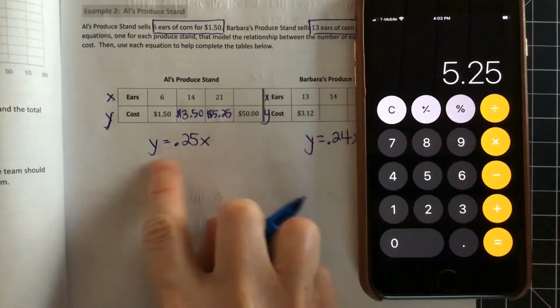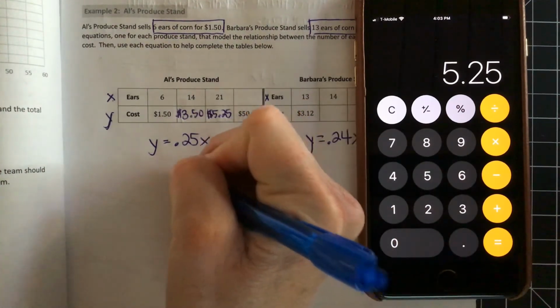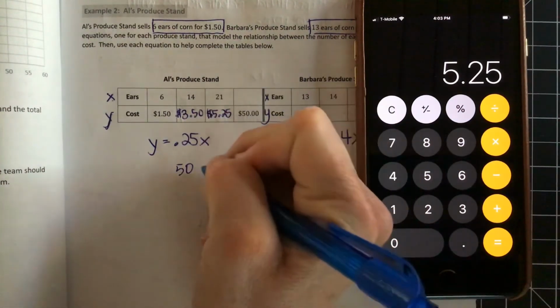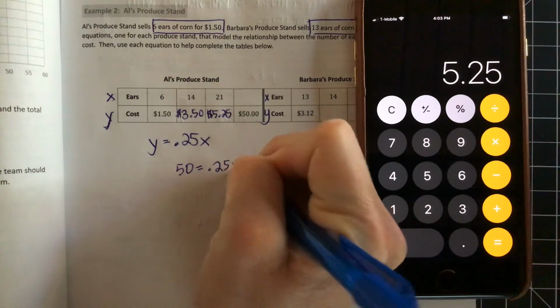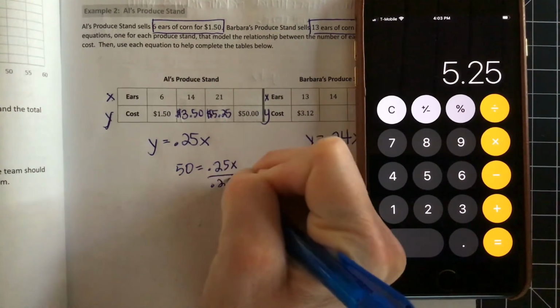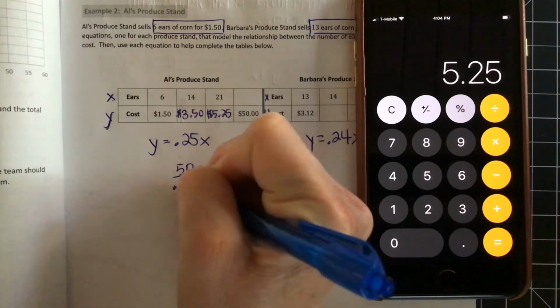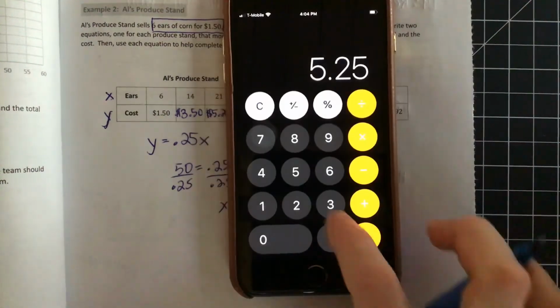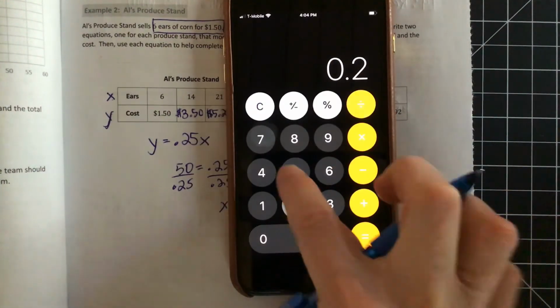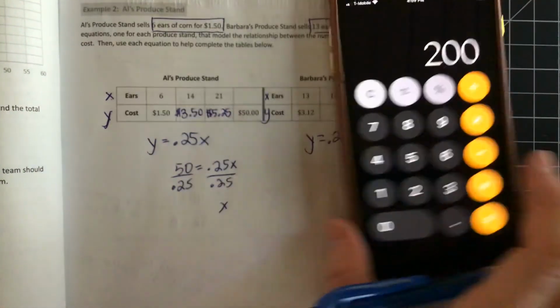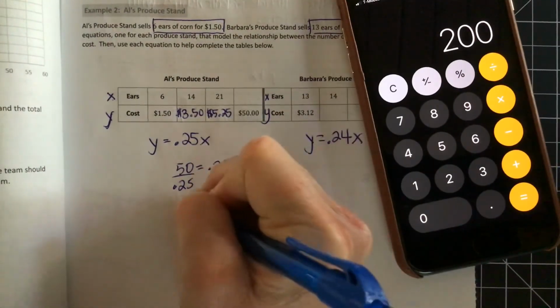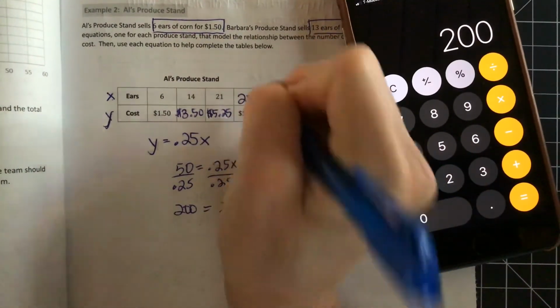And for this one, it's the Y, right? So you're going to have to say 50 is equal to a quarter times X, and then divide both sides by a quarter to get what X is. So 50 divided by a quarter is going to give you 200 ears of corn. That's going to go up there.